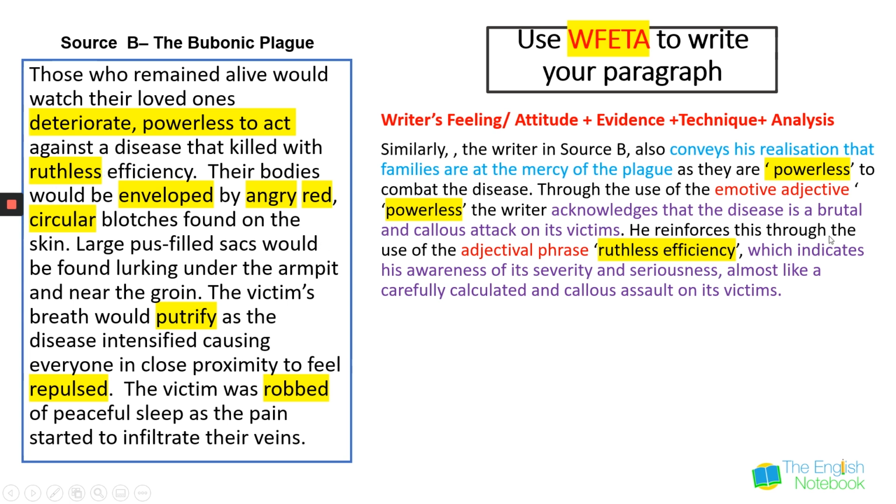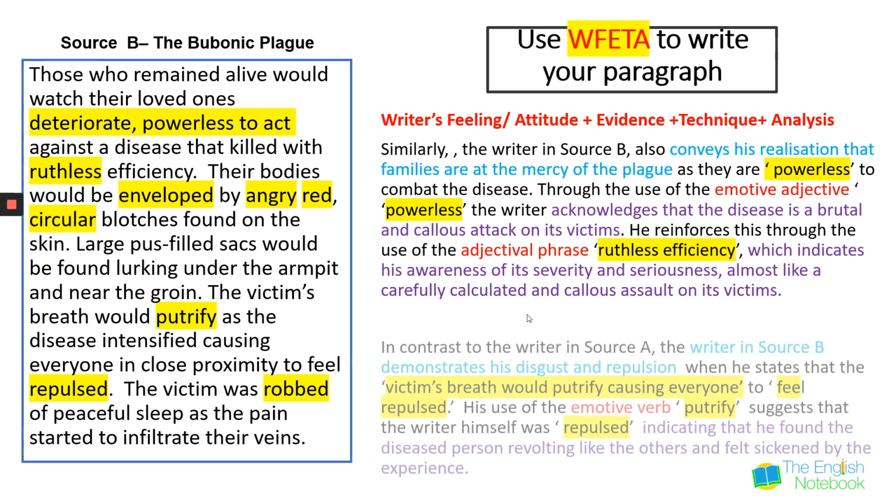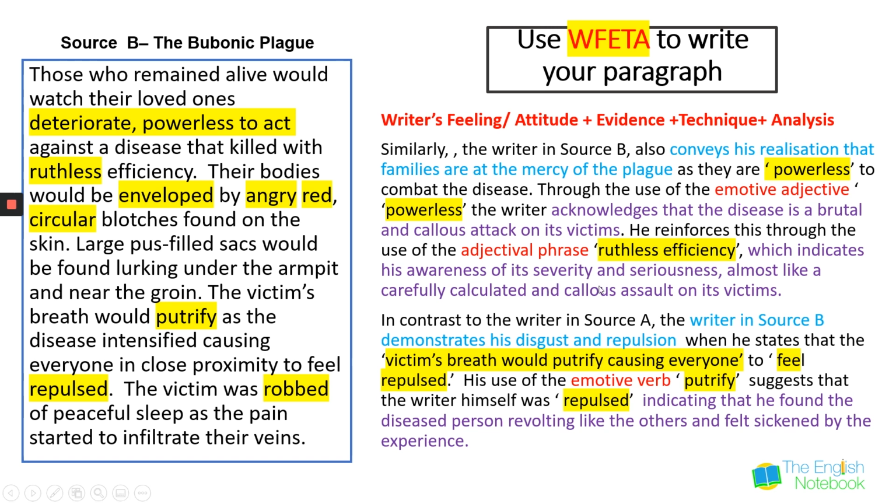He reinforces this through the use of the adjectival phrase ruthless efficiency, which indicates his awareness of its severity and seriousness, almost like a carefully calculated and callous assault on its victims. Right? Again, the purple bit here is the analysis.